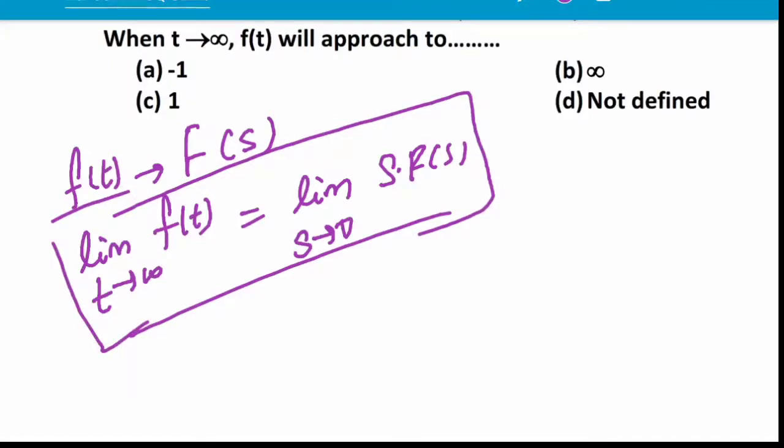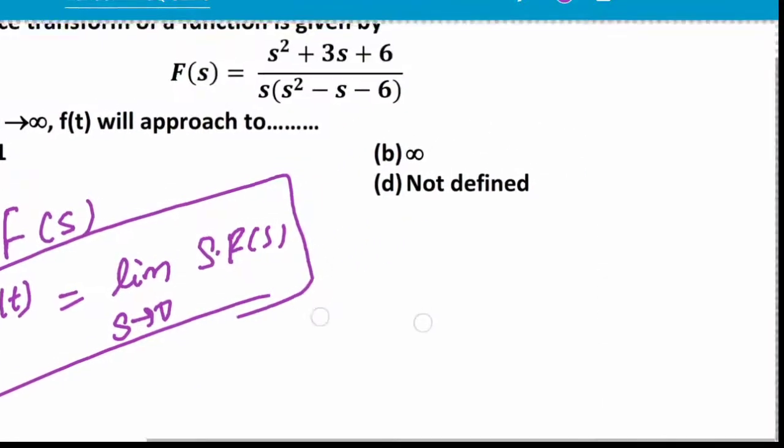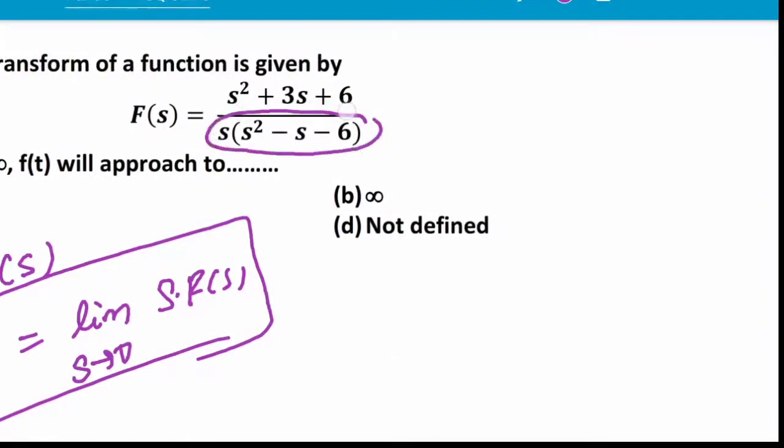This theorem is not applicable when poles are conjugate or lie in the right side of the S plane. If the poles lie in the right side of the plane, then it is an unstable system, so the output will be unbounded and the final value theorem will not be applicable.